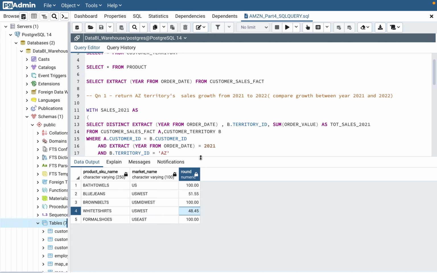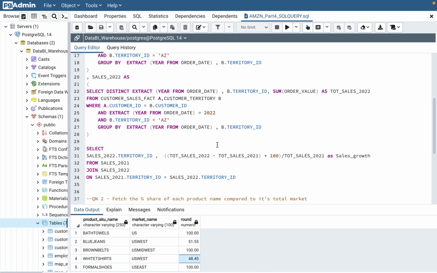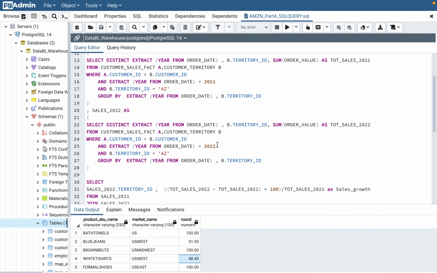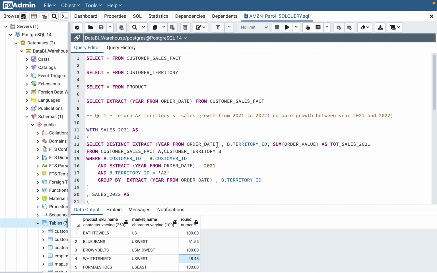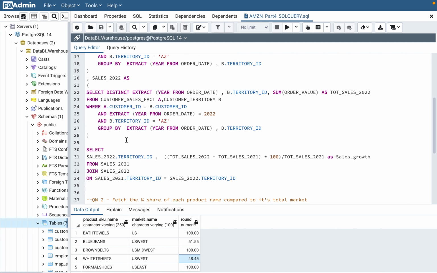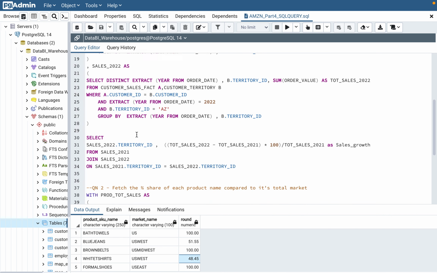So that is it for today. I hope you learnt something from this video, right? I mean, obviously it is a little complex. Last video we used a common table expression. Here we used it in both the queries, because the query is a little complex. It's asking you to compare the values of two different years, a market share of a particular product.